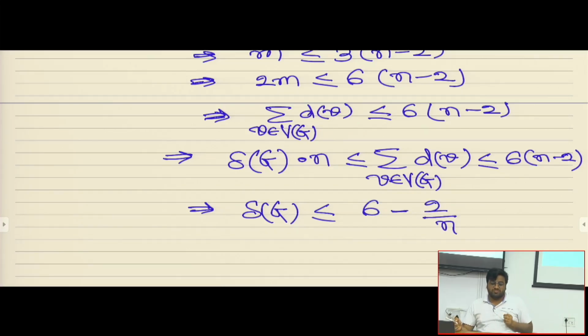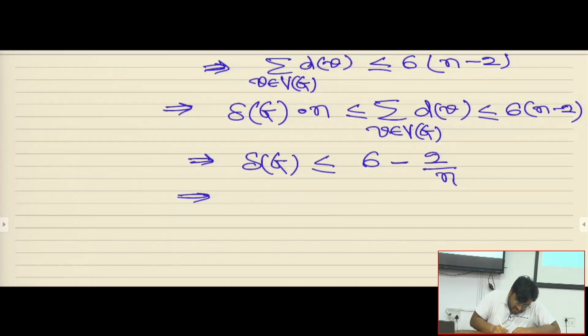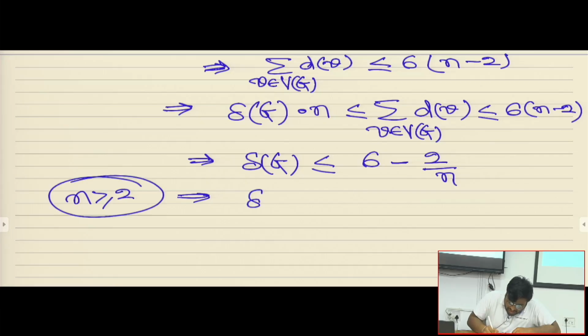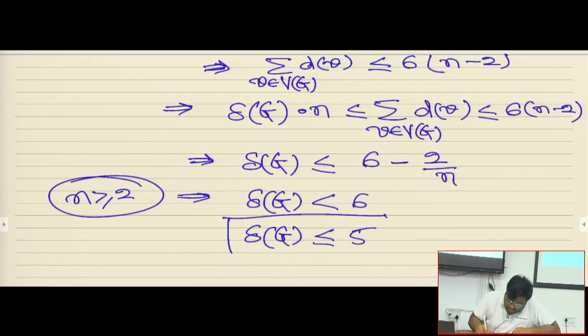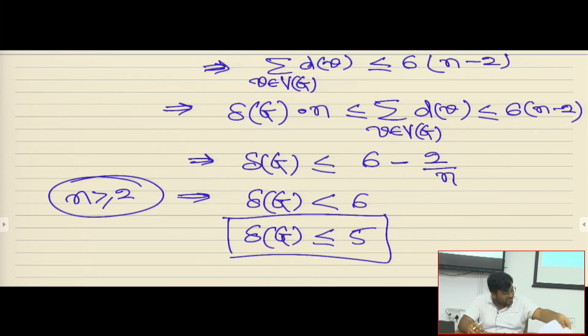Okay, so since n is greater than or equal to 2, delta G must be strictly less than 6. So from here we have less than or equal to 5. Is it fine? Or maybe we can do that from the exercise 3 formula. Okay.